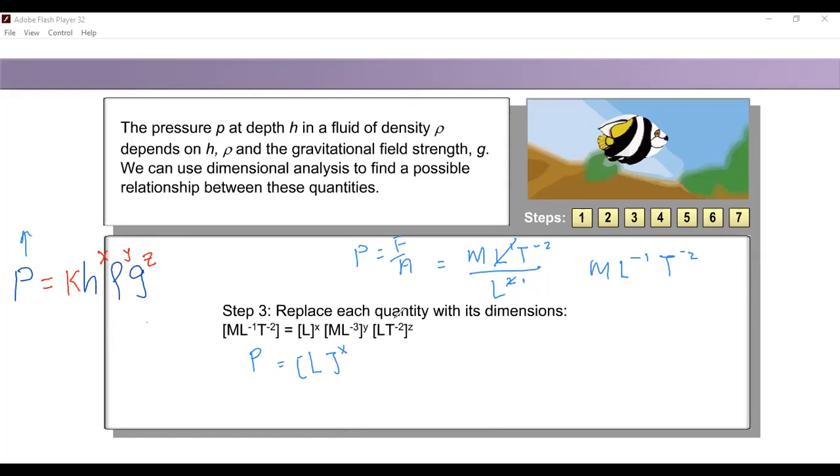Rho is density, the mass over the volume, so now the power y. And g is the gravitational acceleration. Acceleration is L T negative 2, so we assume it's the power z. Now we arrange. That means here we have L^x, M^y, L^(negative 3y), L^z, T^(negative 2z).